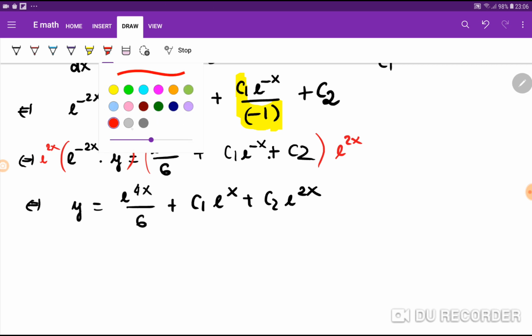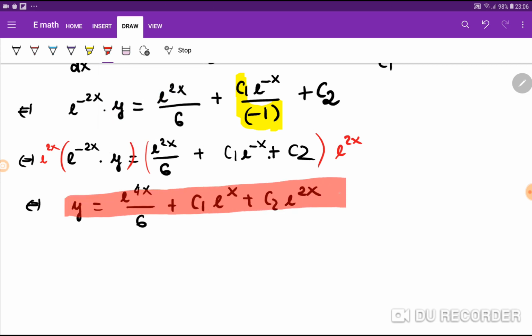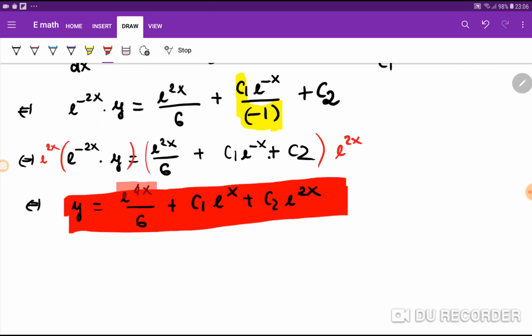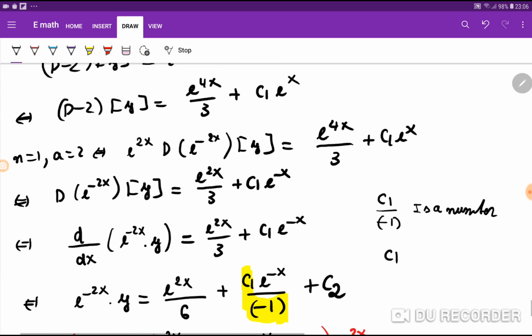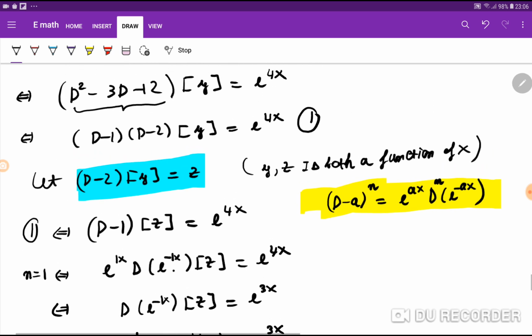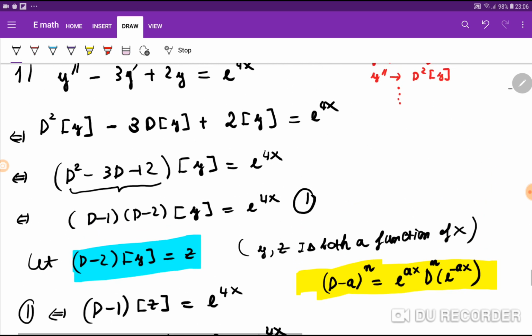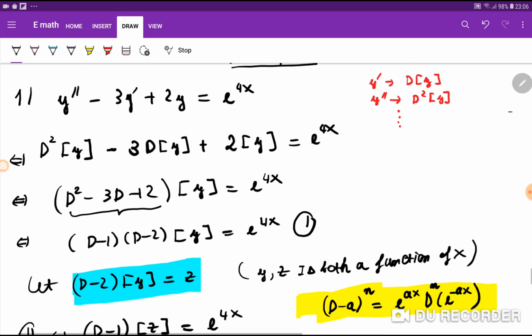Let me highlight in maybe red. Okay, this is the general solution for the first problem. Now the key takeaway is you set a function equals z, and you read from right to left. That's why I set this thing first equals z.